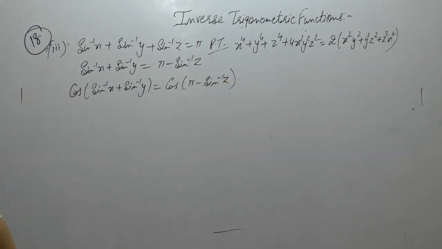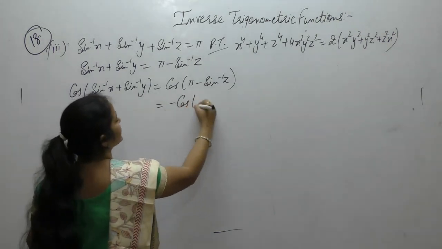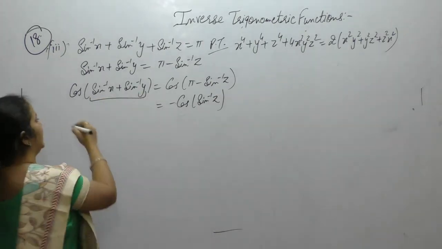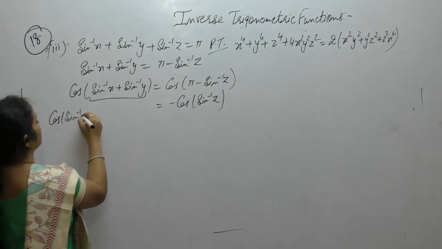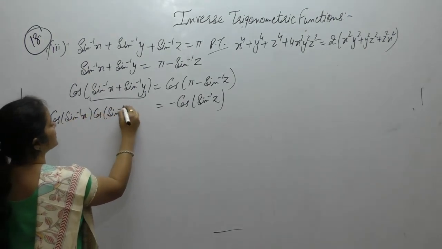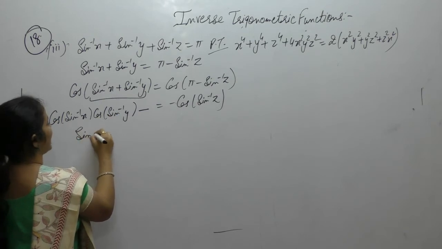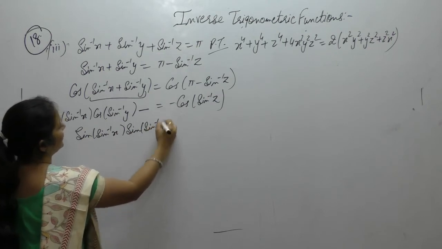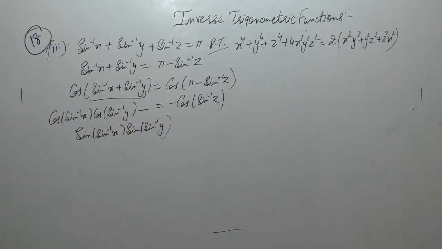Now cos of pi minus sine inverse z, cos of pi minus theta is minus cos of theta. Here apply the formula cos of a plus b, that is equal to cos a cos b minus sin a sin b.